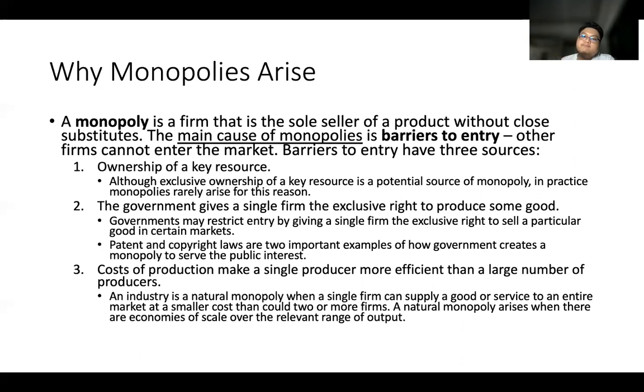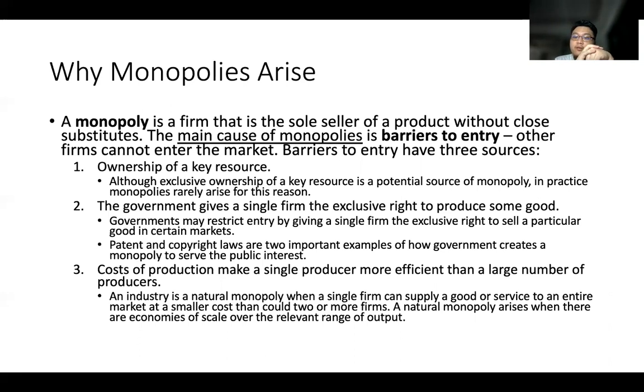Number one, ownership of a key resource. Although exclusive ownership of a key resource is a potential source of monopoly, in practice, monopolies rarely arise because of this reason. Perhaps they're the only ones who have access to a particular input. Next, the government gives a single firm the exclusive right to produce some good.